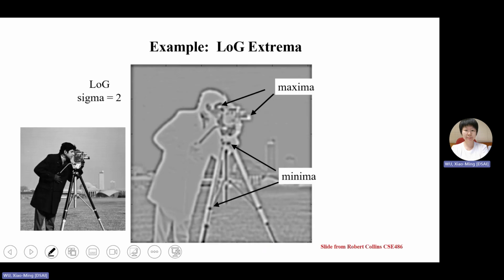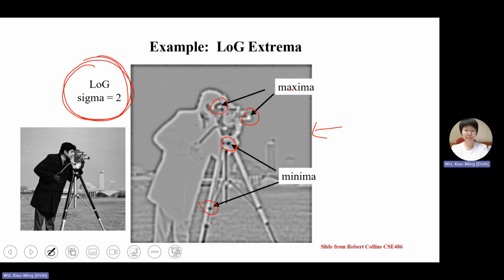Another example is the LOG response with sigma 2. So this is a small filter. Let's look at the white points, the points that have the largest brightness value. You can see the white points represent maxima, and the black points represent minima.